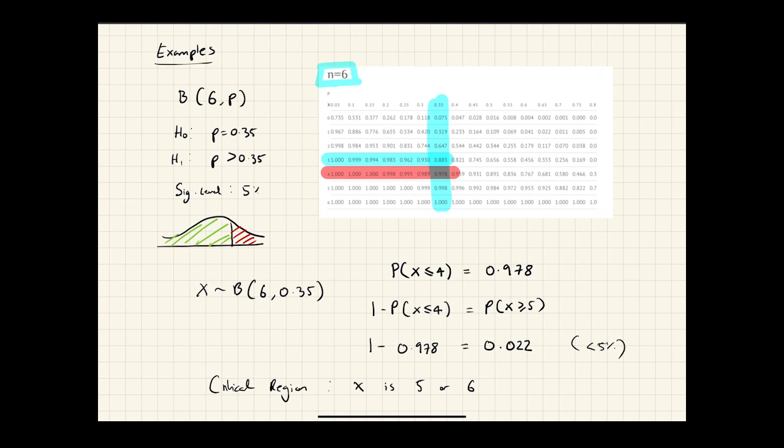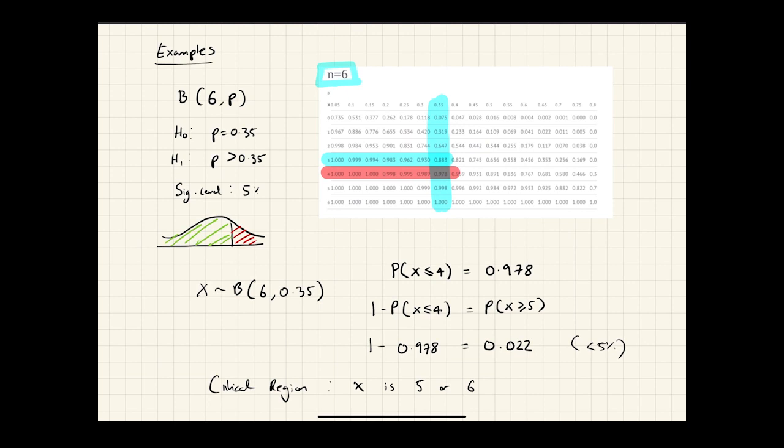Once we knew that, we took a look at this section of the table, and we said, okay, if you do 1 minus that, it's not more than 0.05, this is fine, this is fine, this is fine, and then, oh wait, this one here, we've got a value which is more than 0.05 when we do the subtraction. So we said, okay, what is the point at which it flipped from being rejected to accepted? Well, it was between these two points. So once we found where it flipped, we said we're only going to take the first one which is rejected, which is this one here.